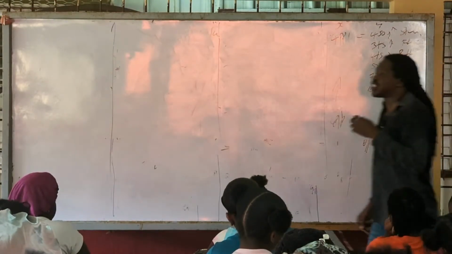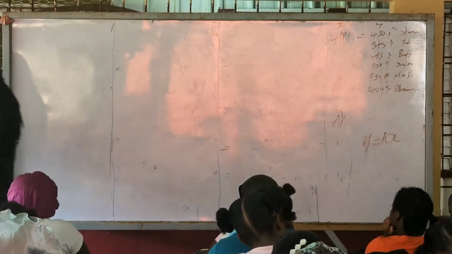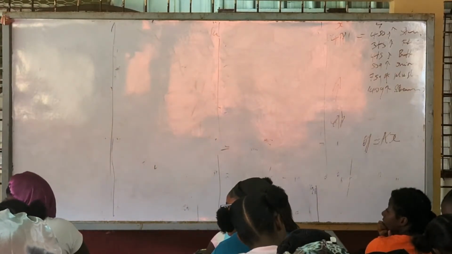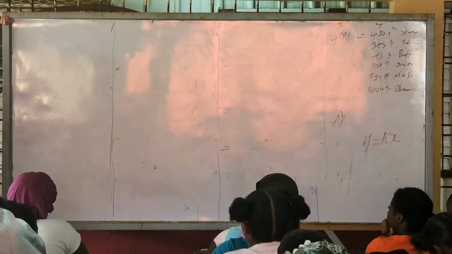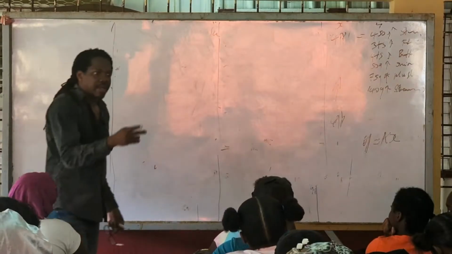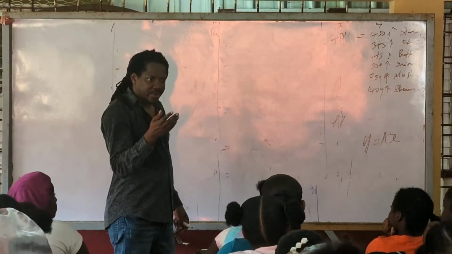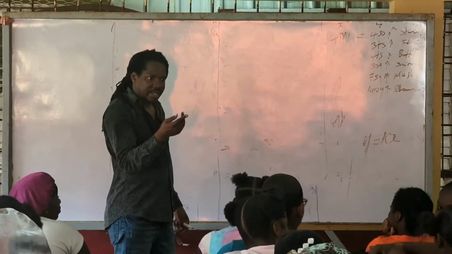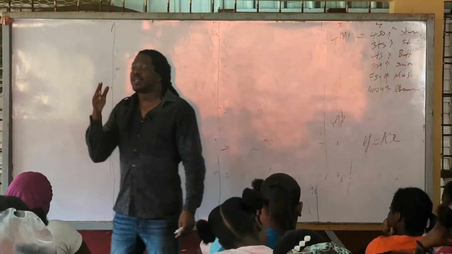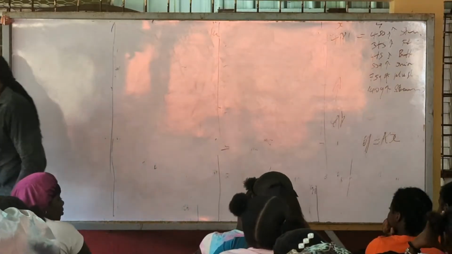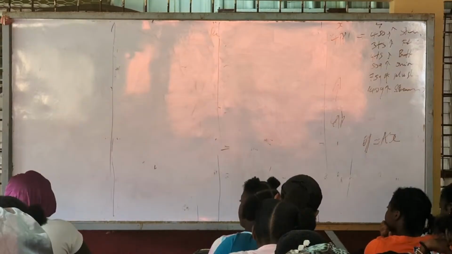The relationship that two different variables have, the relationship that two variables have, is that one depends on the other.